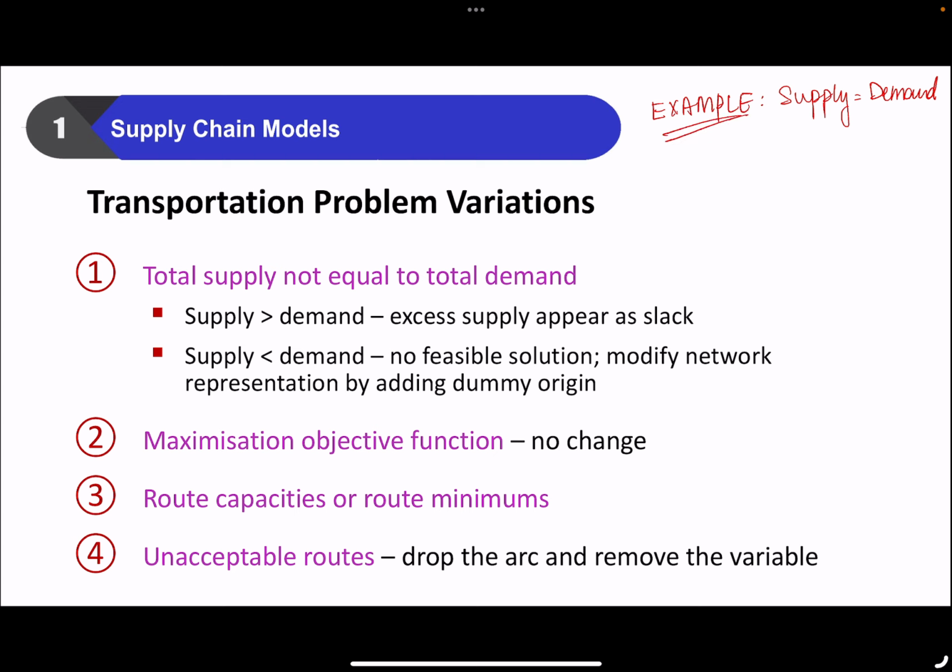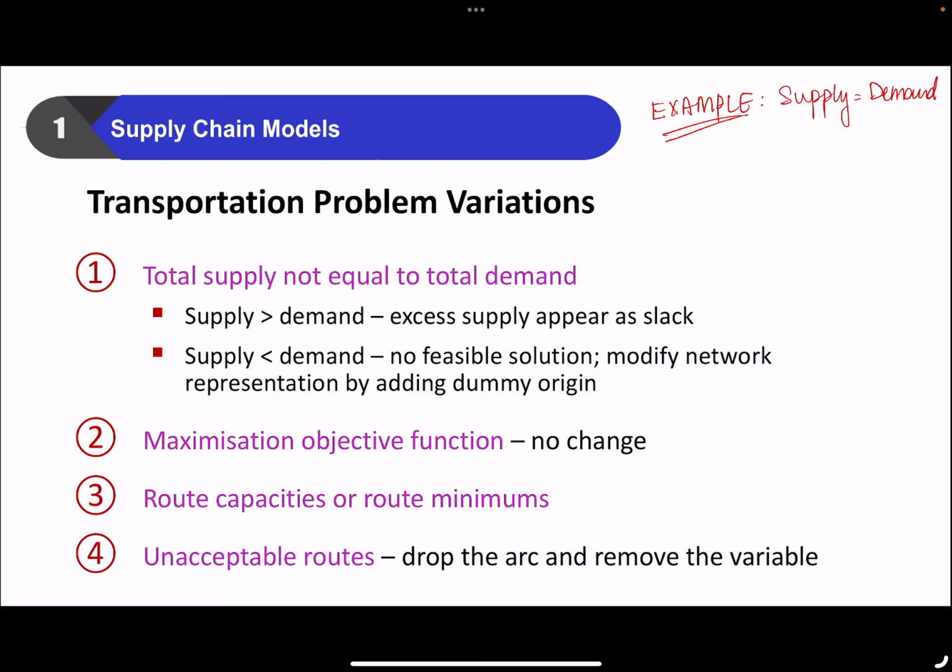In cases where the total supply exceeds the total demand, no modification in the linear programming formulation is necessary. If supply is more than demand, we will have excess supply, which will appear as slack in the linear programming solution.